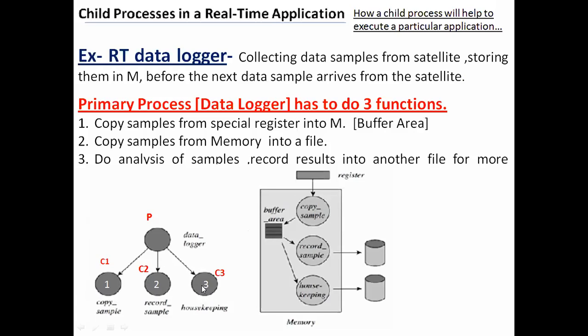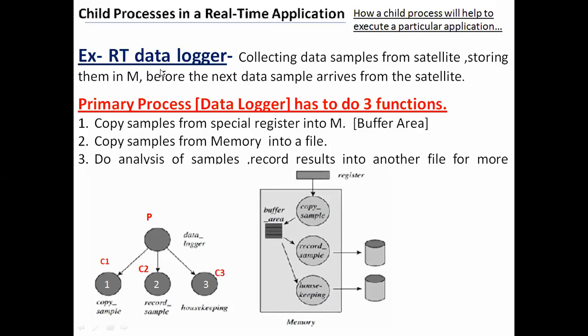So we can have the example of this real-time data logger, which we discussed in module 1. The same example is taken here to explain the concept of the parent process and the child processes, and how they will be handled by the operating system.